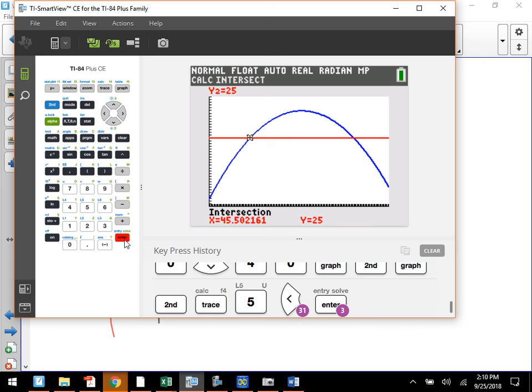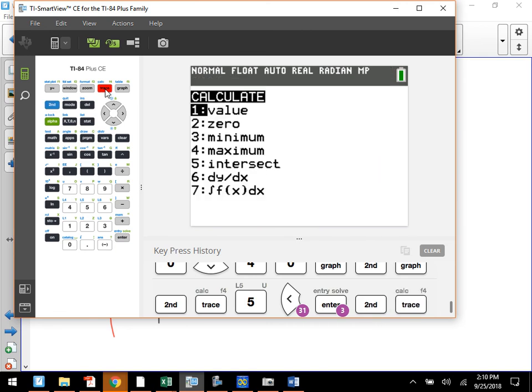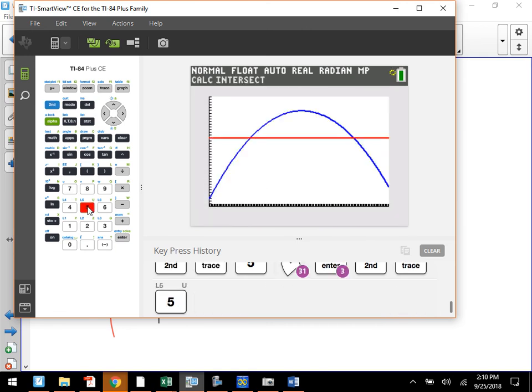And then I do the exact same thing on the other. I look for the intersection over there. So I have to redo all of that. Second, calculate, intersect. First curve. Well, yep, I'm on the first curve. I just got to rotate around to the other side. Yours is much easier than mine.